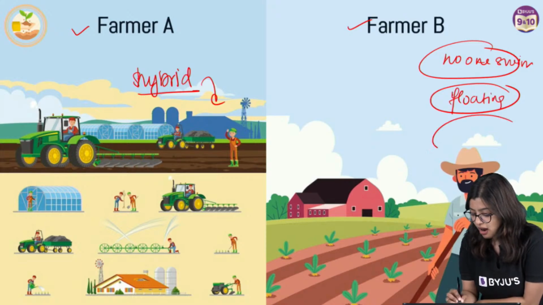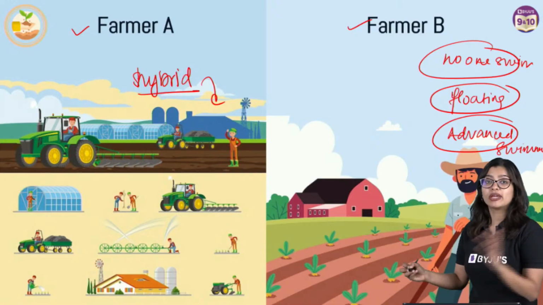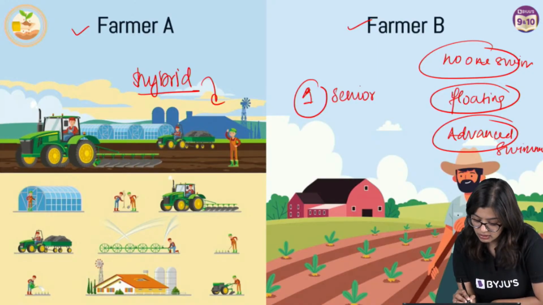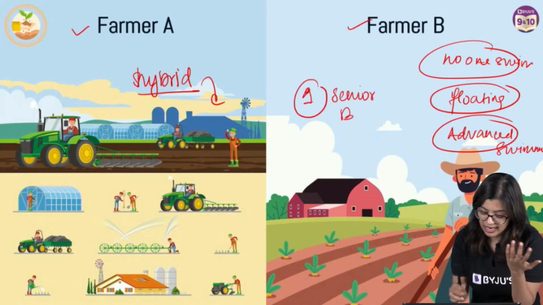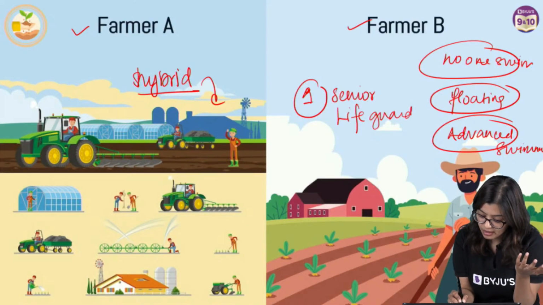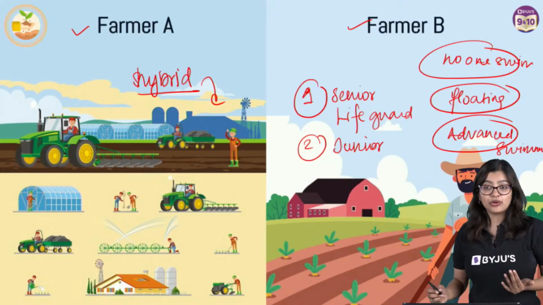Then there are advanced swimmers. Now imagine they are all going boating, but there is only one senior lifeguard and one junior one. That's it. So what will you do?